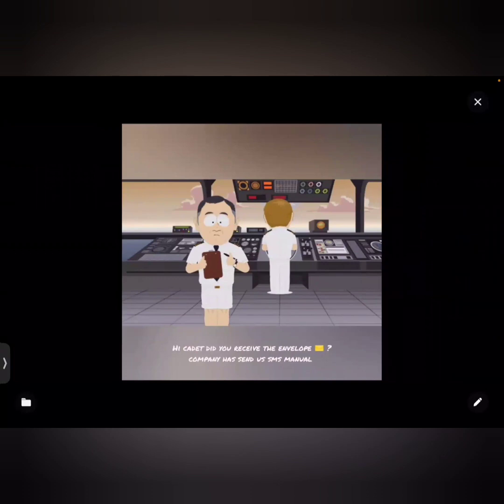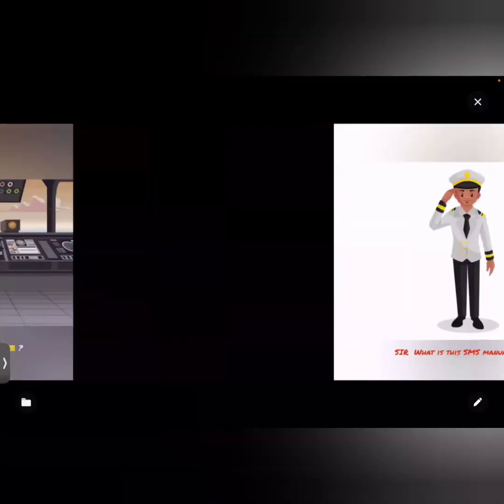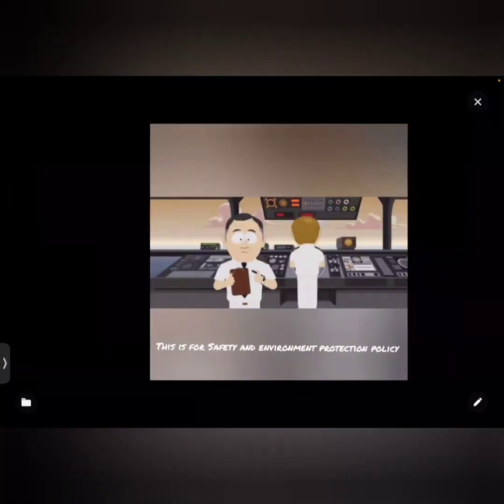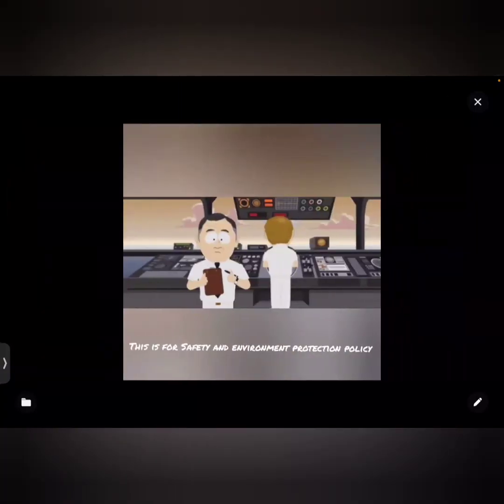Captain says, "Hi, cadet. Did you receive the envelope? The company has sent us the SMS manual." "Yes, sir. Here is your box. But can you tell me, sir, what is this SMS manual for?" "Oh, nice question, cadet.